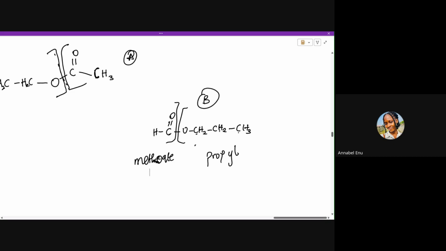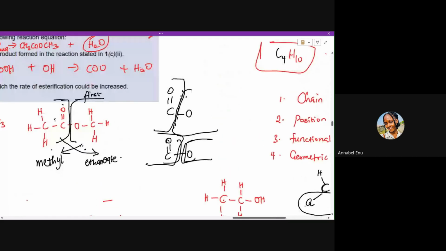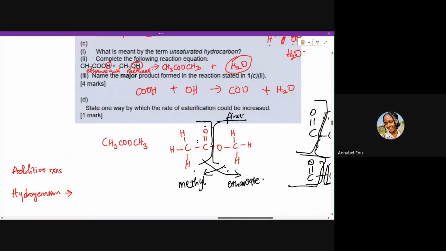So back to where we were. State one way by which the rate of esterification could be increased. Okay, so it can be increased by increasing temperature.